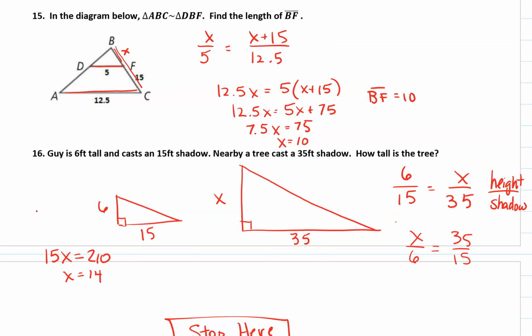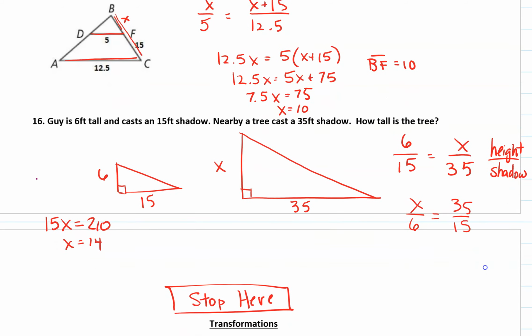That's how I did that one. Or, let's see, where did it go? This one is height over height equals shadow over shadow. As long as you're consistent, either one of those is going to work. Cross multiply and then solve.